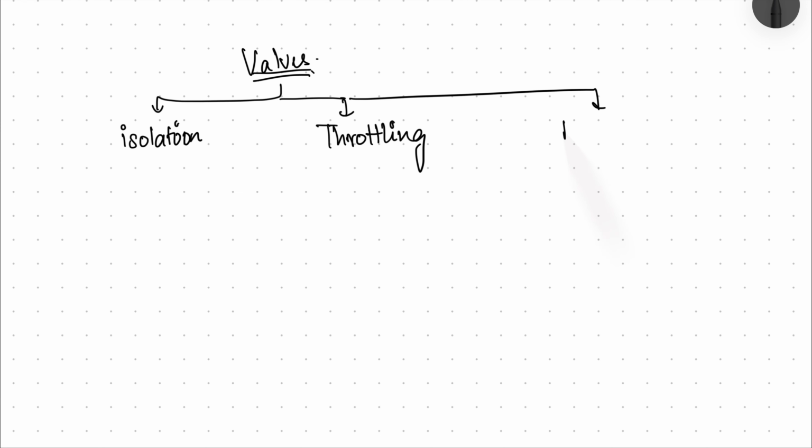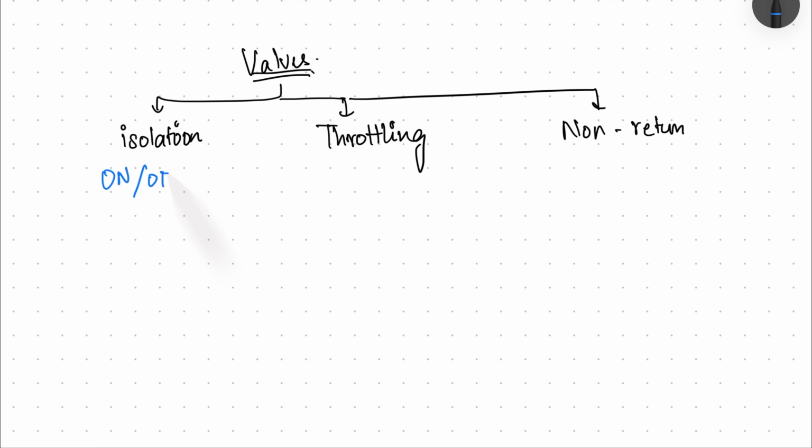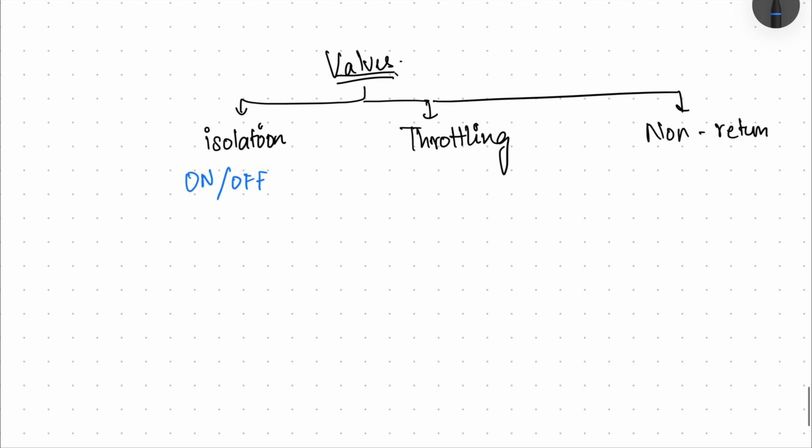So the categories are isolation, throttling, and non-return. Isolation is your basic on or off. It either stops the flow of water or lets it go on. So that is your isolation.